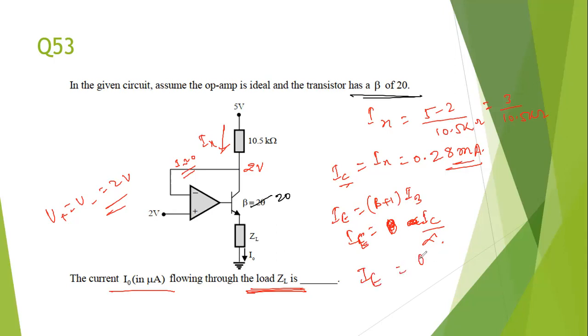IC by alpha, this is 0.28, and alpha is beta upon beta plus 1. But this happens when transistor is on. But this potential is what? VBE.